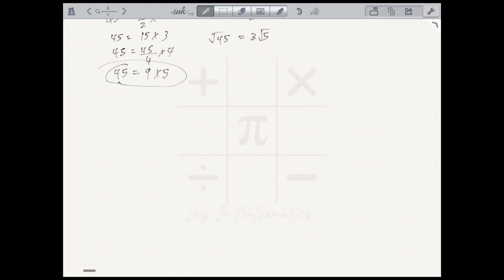So let's write out the principle. When we have a rational number that contains a factor that is the square of a number, multiplied by another number, this can be reduced.